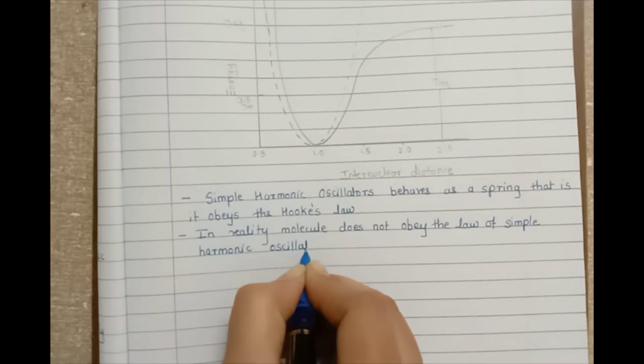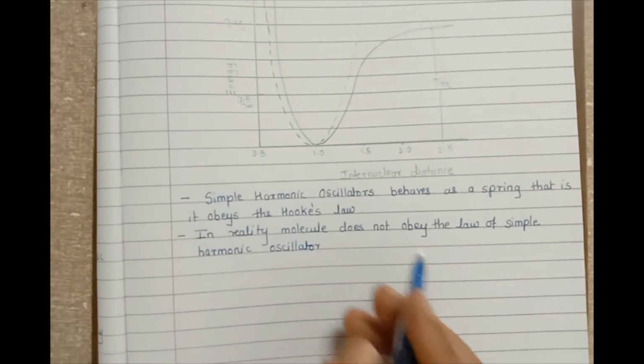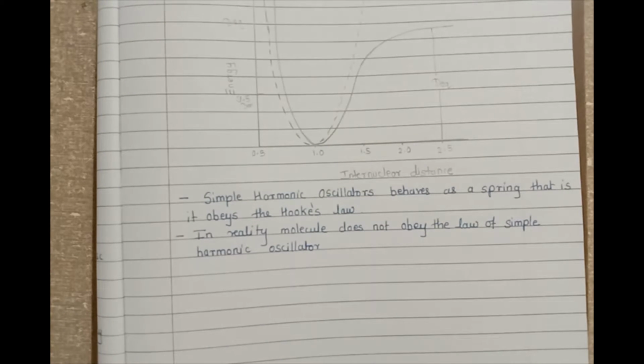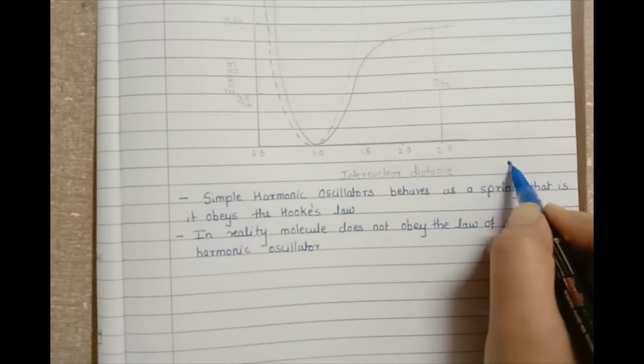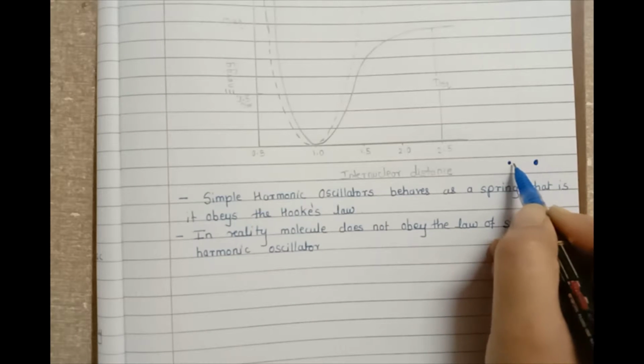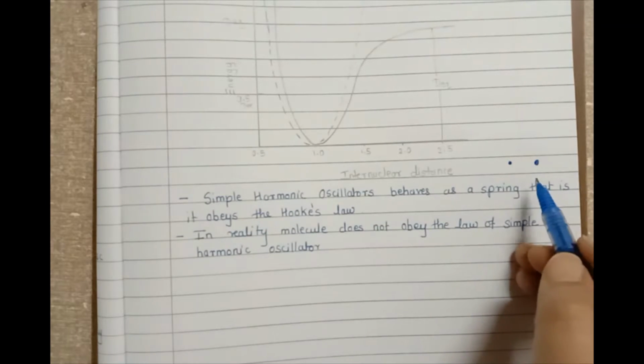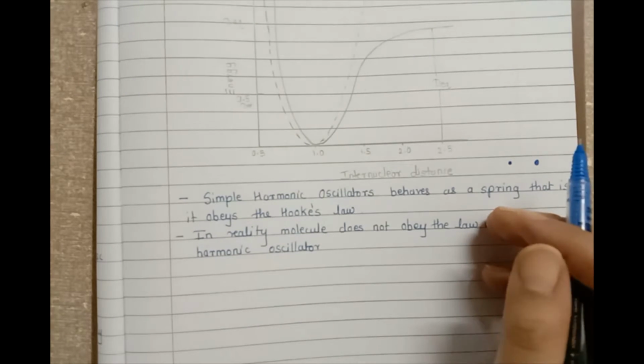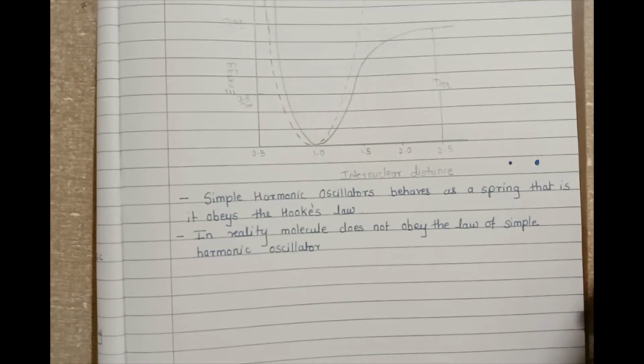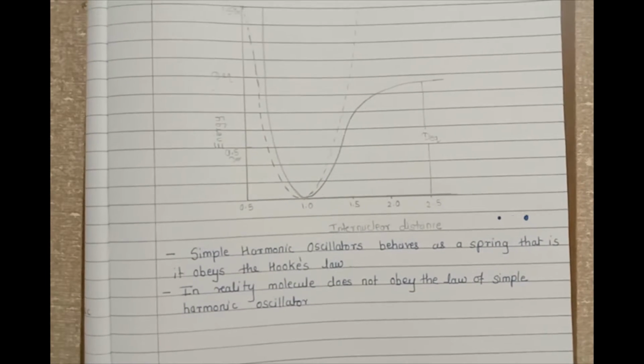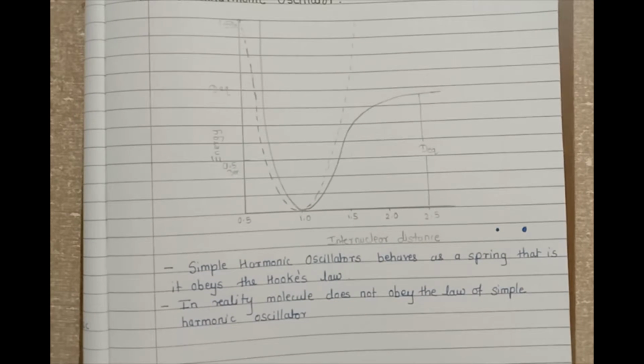As we know, if we pull or push the bond, what happens? It behaves as an elastic. For example, here is one atom, here is another atom. If we push them both, what will happen? They will get compressed. And if we pull them away from each other, they will expand. So according to that, we have said that it obeys Hooke's law.